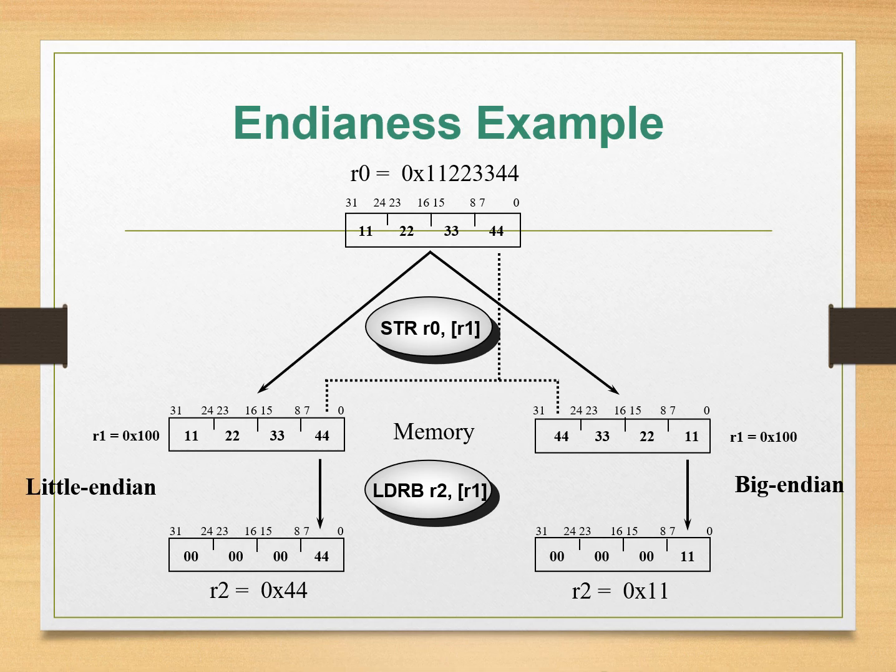If you execute the instruction store R0 to the location pointed by R1, this is how it is stored. Let's say R1 is equal to 100, so you start to store at 100.